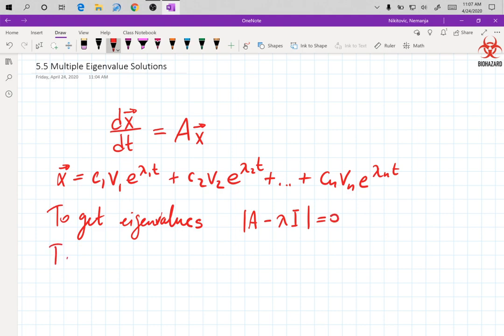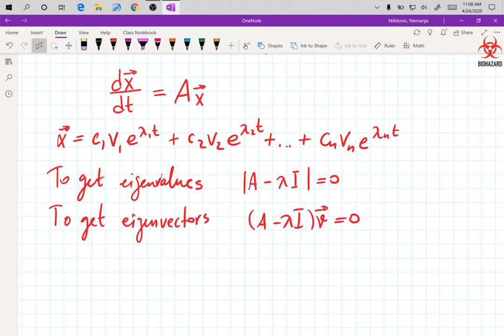And then to get eigenvectors, we solved A minus lambda I times V equals 0.